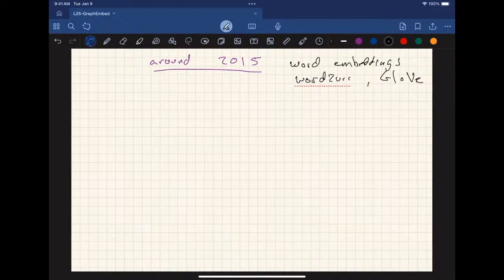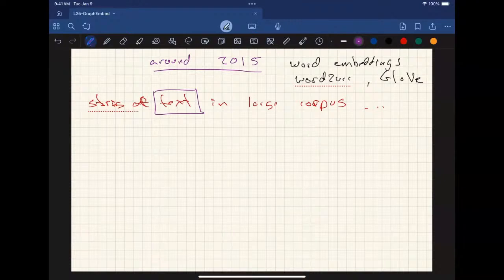Okay, and what they did is they took a string of text in a large corpus, and wanted to embed the word text. It would look at the context in the string of text it was found in, and the word text would appear many, many times.